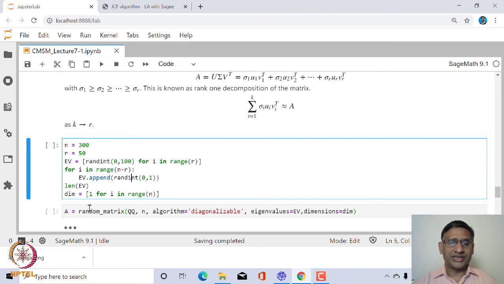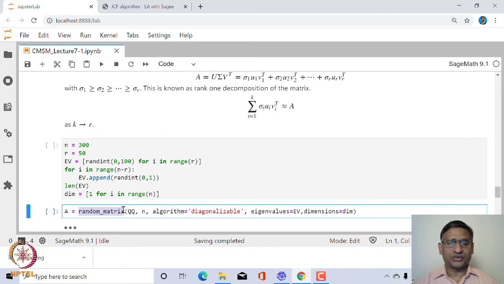There is an inbuilt function called random_matrix, with which you can generate a random matrix over ZZ or QQ, and this could be a diagonalizable matrix whose eigenvalues are some n random numbers.